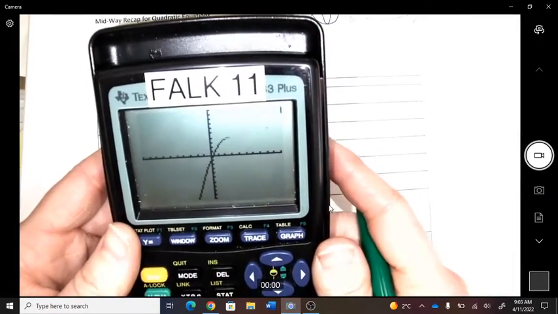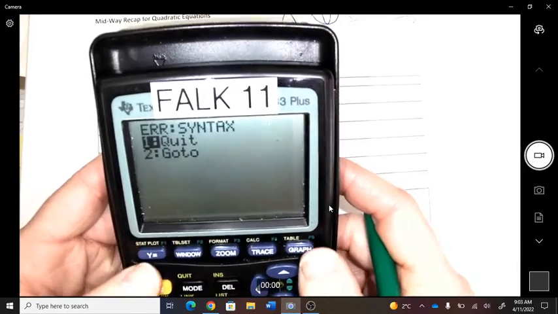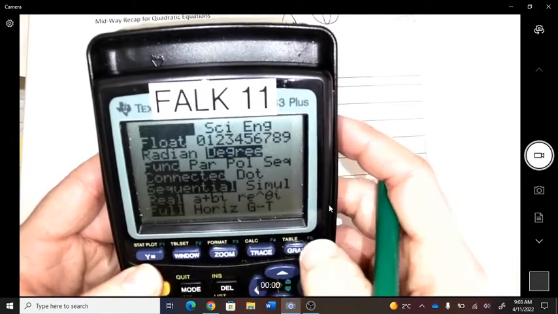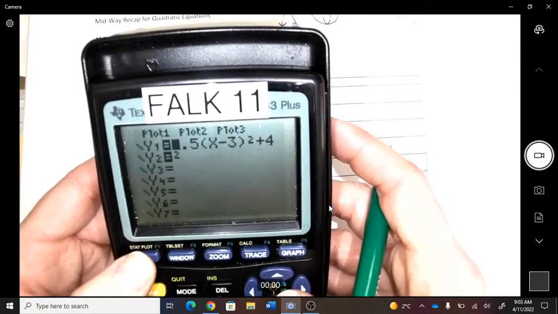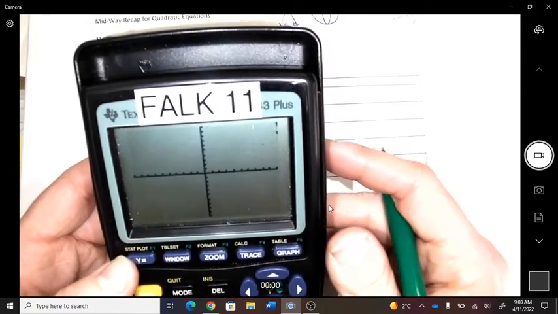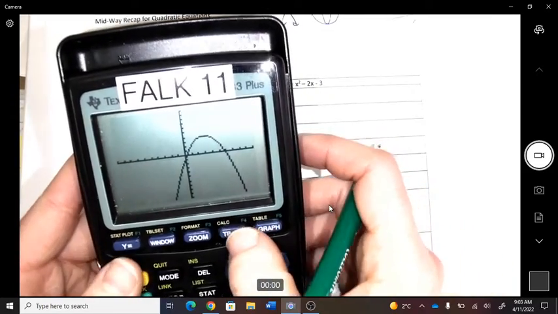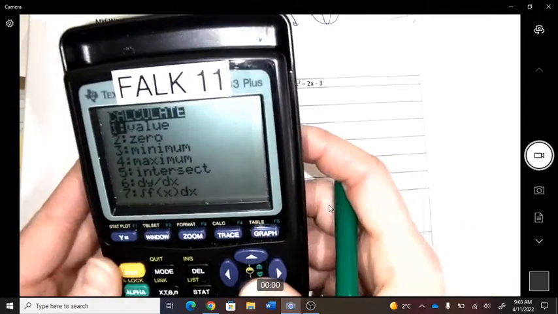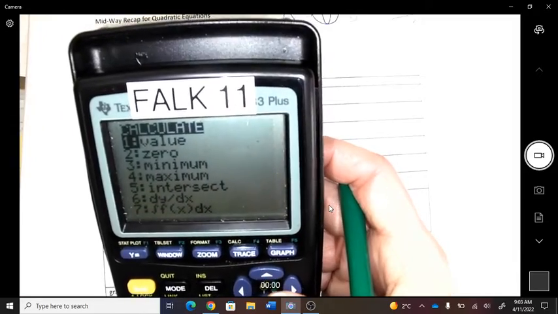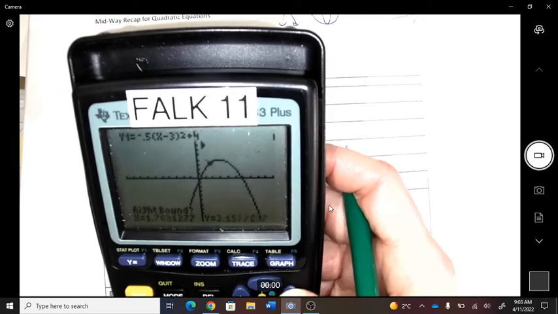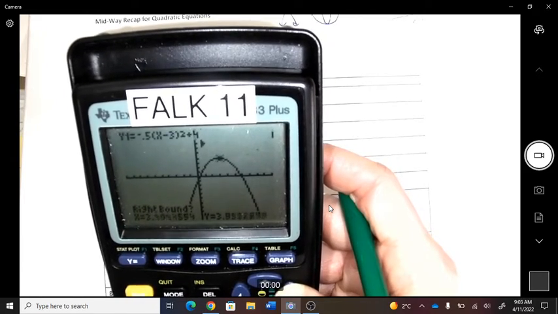Okay, and where did we go 3? 3 what? Three in which direction did we go? 4 in what direction? So do you want to calculate the vertex maybe and see? So second, calculate the max. Left, right.